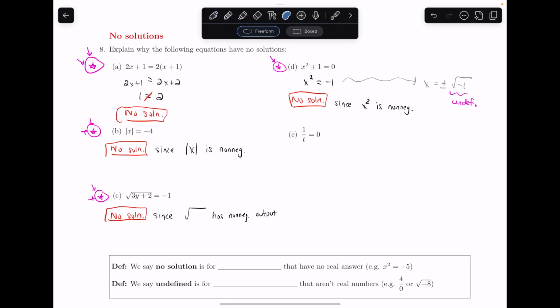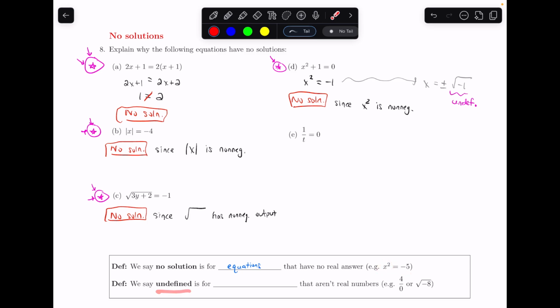So this is a good time for me to talk about what's the difference between writing no solution versus undefined. So we say no solution for equations that have no real answer that works. So an equation is something with an equal sign, like x squared equals -5. There's nothing that works because x squared cannot end up being negative.